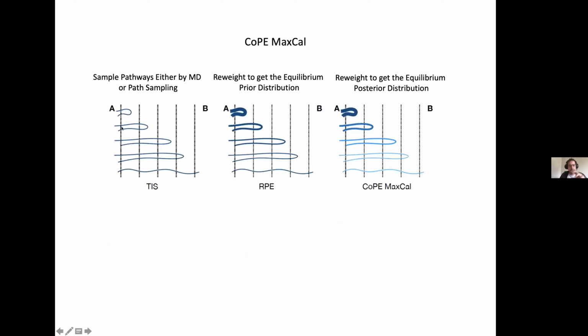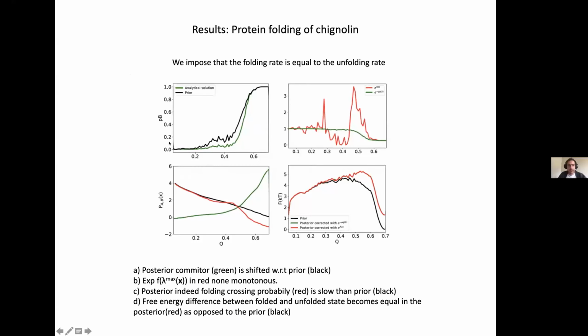In a pictorial way, you have your molecular dynamics, then you reweight to get the equilibrium prior distribution, and then you reweight with the path reweighting function. And here I'm really closing. This is a protein folding problem where you have your prior distribution for the committer. This is how your posterior committer looks.